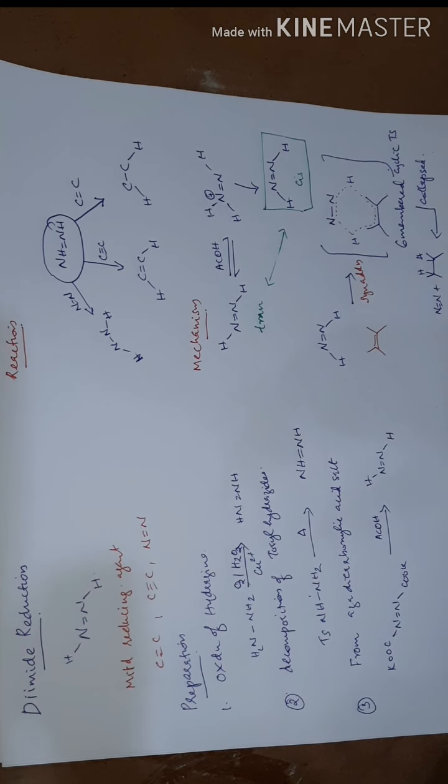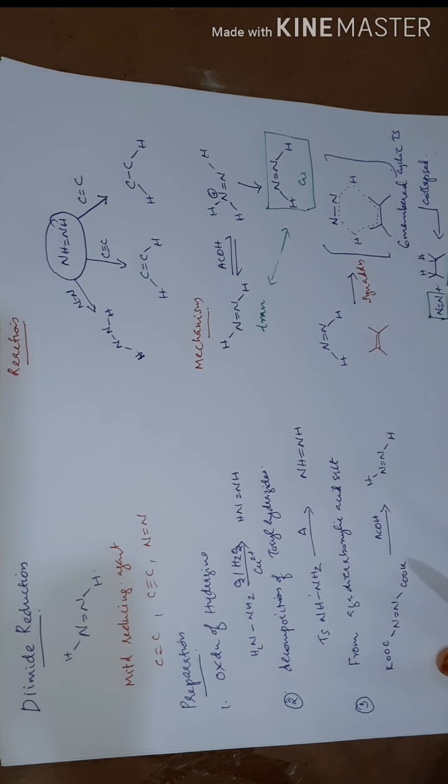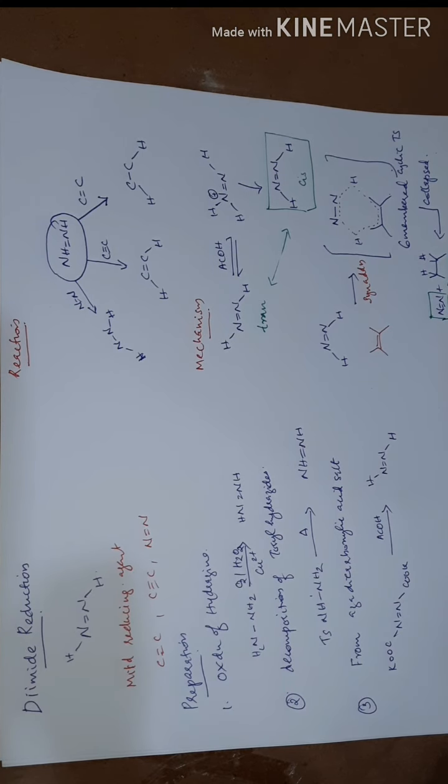Okay, so this is the mechanism of diimide reduction, and generally we can see that the products formed are the reduced form of our alkene and the N2 molecule. And generally we can say that the driving force of this reaction is the formation of the stable N2 molecule.